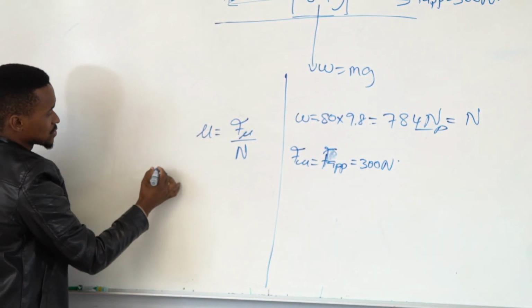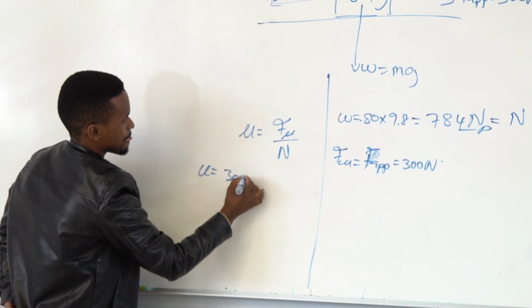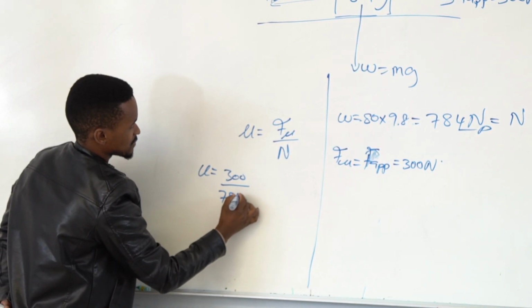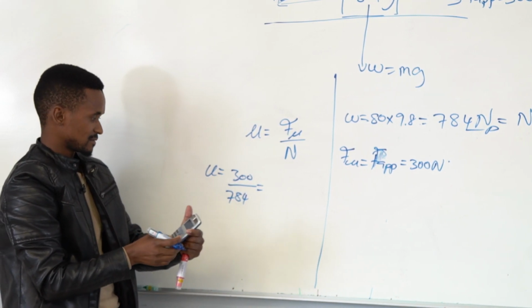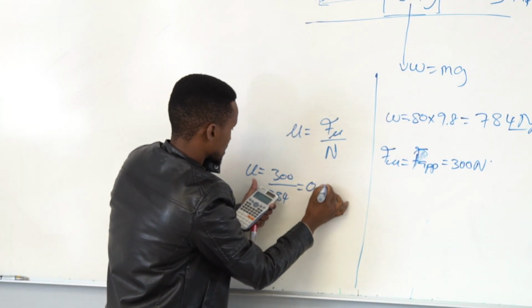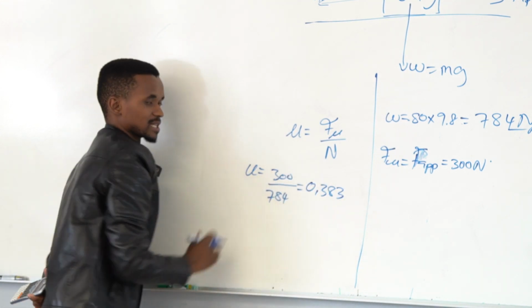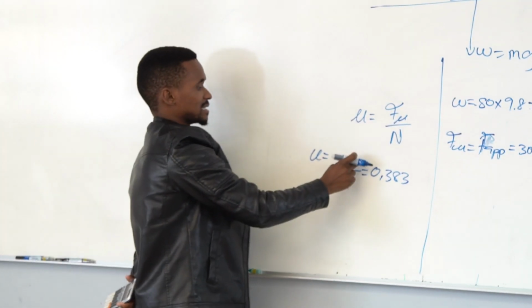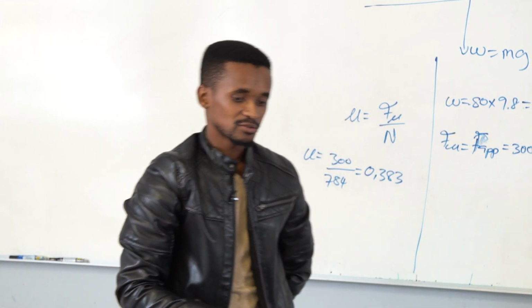Meaning we can substitute into our equation: the frictional force is 300 divided by 784, and then we're going to get the coefficient of friction, 0.383. The coefficient of friction doesn't have units because the newtons cancel the newtons, and this is our coefficient of friction.